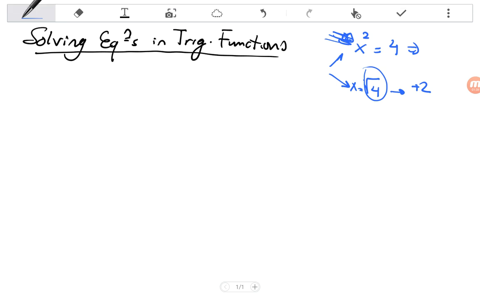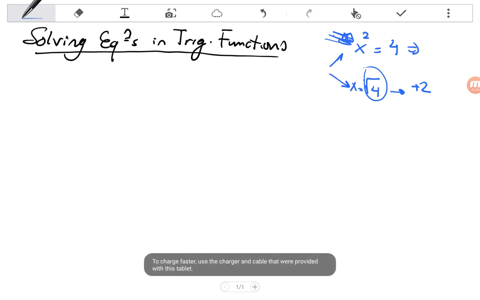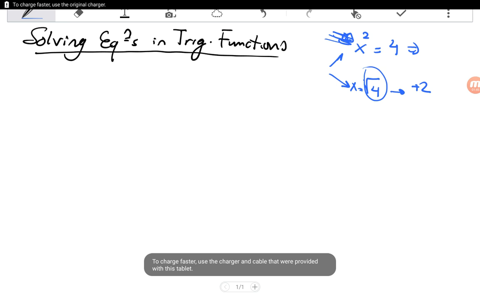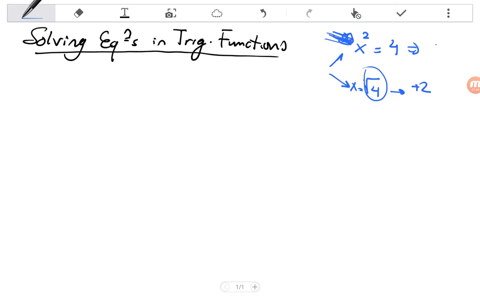These other solutions are described in terms of the inverse function. That's why the solution of this equation, for example, is x is equal to plus or minus square root of 4. You may notice that there is one solution which is the inverse.